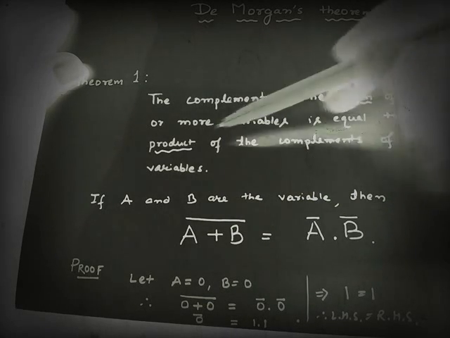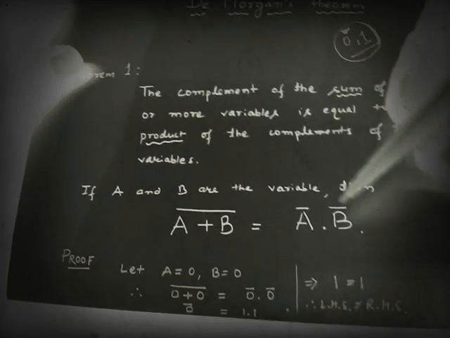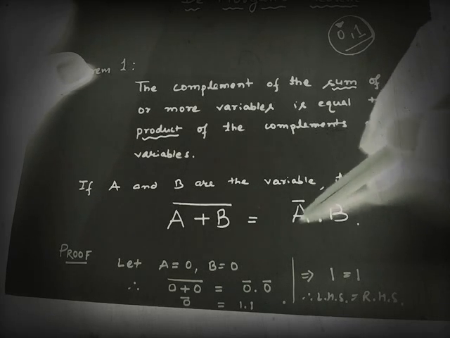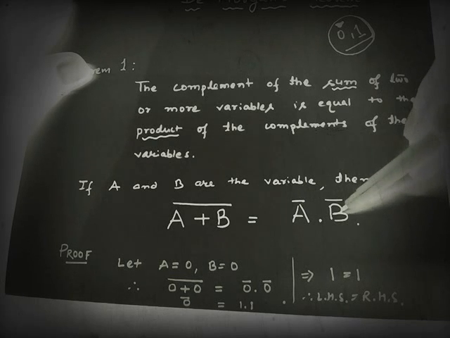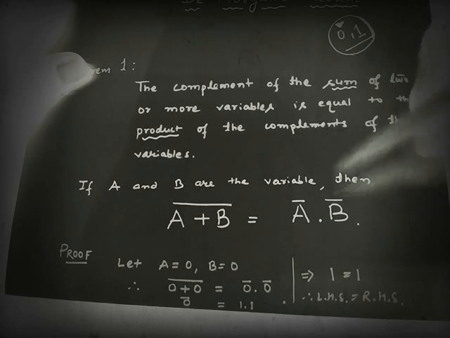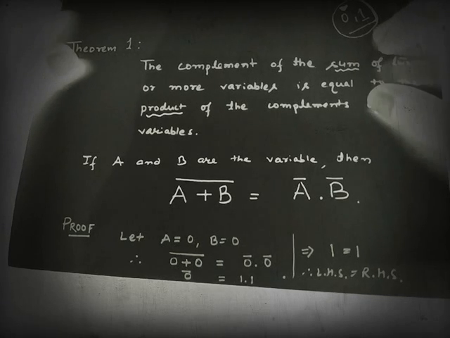This is equal to the product of the complements of the variables, where the product is of complement A and complement B, connected by a multiplication relation. And this is just theorem 1.